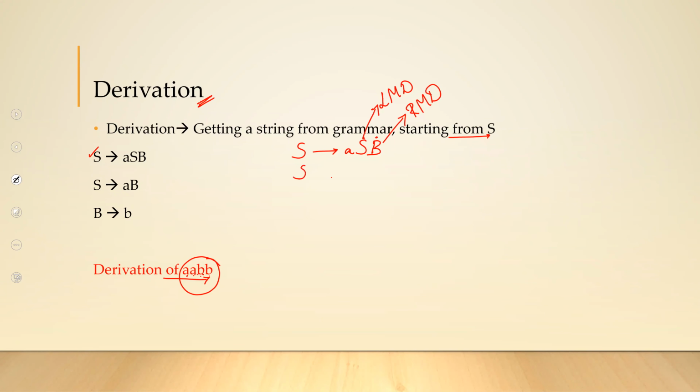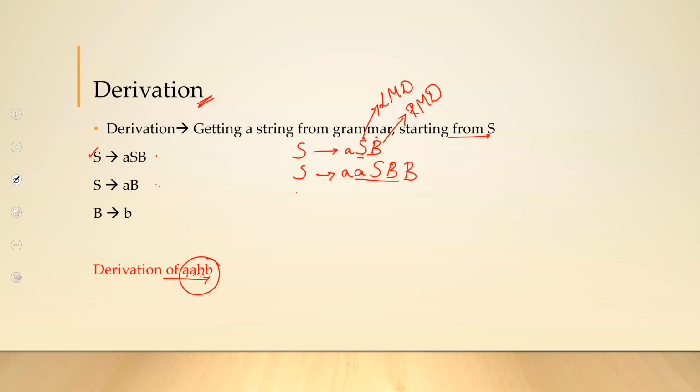S gives A. I'm planning to do an LMD. S, I have two things. I can either replace it with this or with this. So I'll just replace it with my first one, A S B. So this is what I've replaced this S with, and then I write down my B itself.